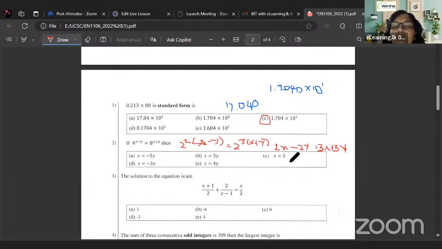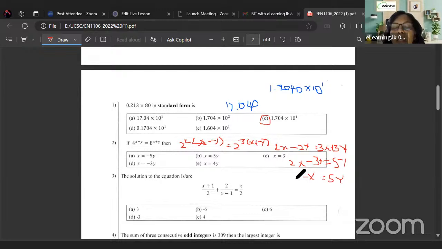If you move it, 2x minus 3x will be on the x side. On the right hand side, 3y plus 2y, 5y. So the left hand side is minus x equal to 5y. Now there is no answer like this.